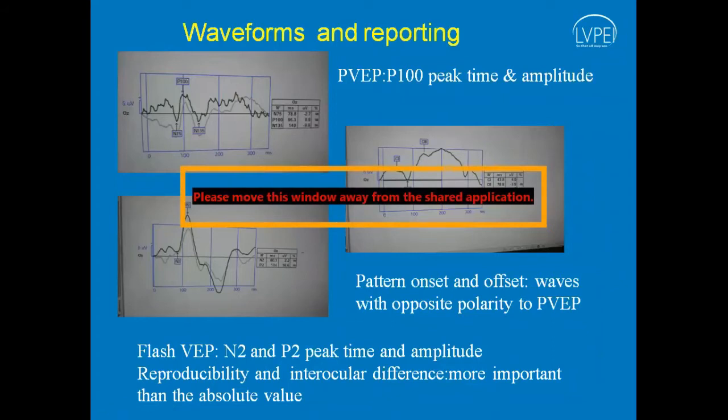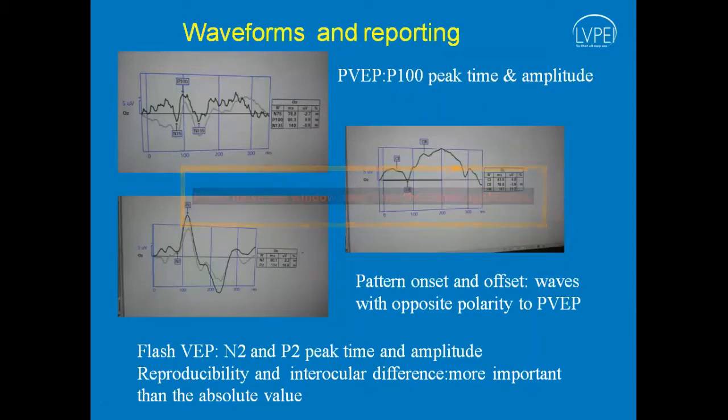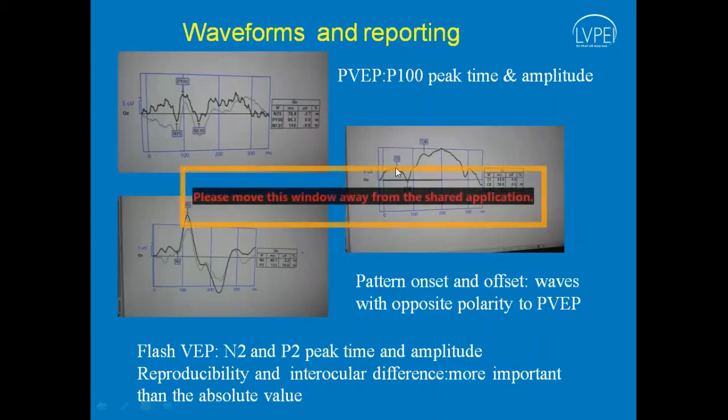For example, in demyelinating optic nerve disorders, the latency gets affected earlier than the amplitude, and the peak delay persists even after recovery for a long period of time. In contrast, in ischemic optic neuropathy, the amplitude is affected more often than the latency. And these are the waveforms for the pattern reversal. Here the waveforms are just opposite.